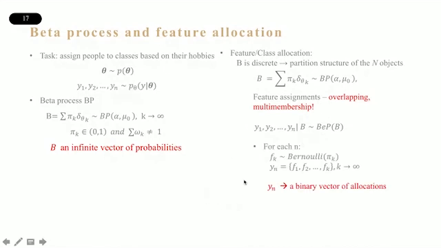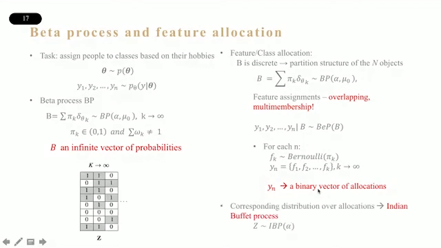What is happening is that after I have sampled the infinite vector of probabilities, for each object n, for each person, I flip an infinite number of coins, and each coin is given by the probability P. The number of coins is K, the number of classes, and each class is associated with a probability P. Then for each class, I flip a coin, and the coin will give me result 0 or 1: 1 if I belong to that class, 0 if I don't. So the result of this process is a binary vector of allocations.